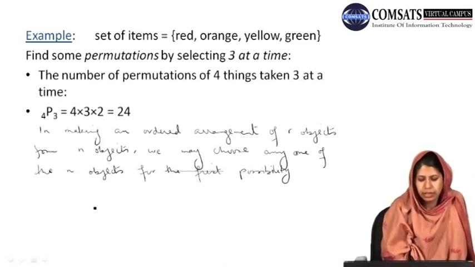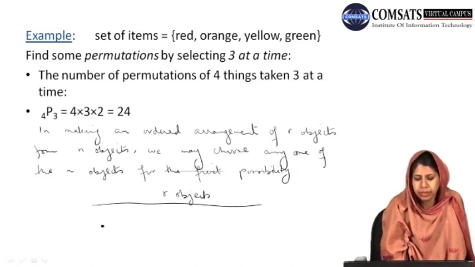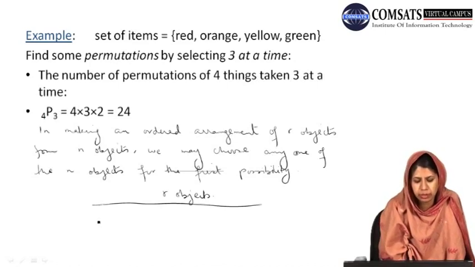That is, we have in total r objects to be taken out, and we have n main objects, that is, for n we may choose any of them.